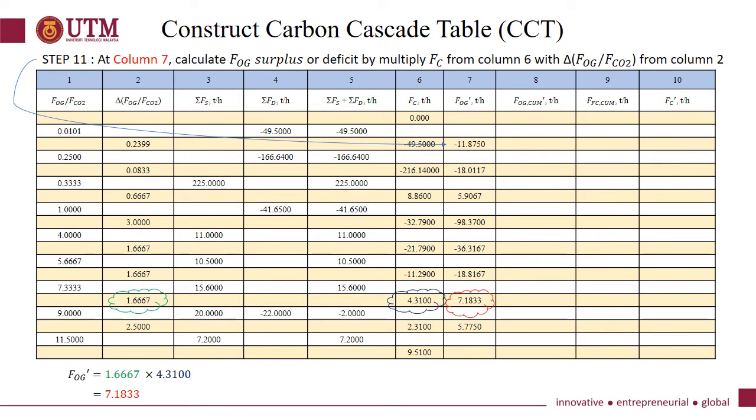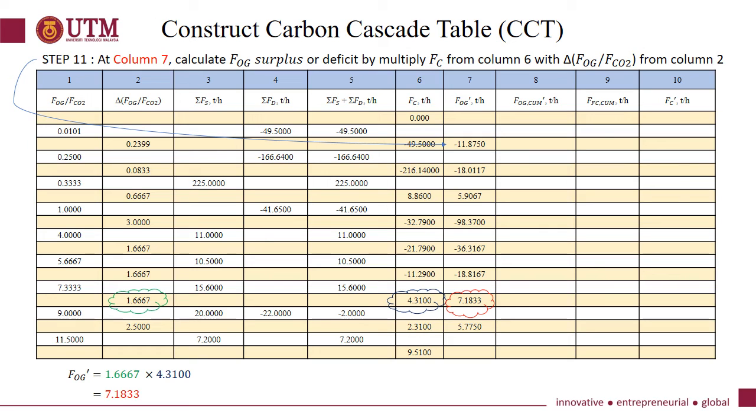Next, at column 7, we will start calculating the FOG surplus or deficit by multiplying FC from column 6 with the difference of FOG over FCO2 level from column 2. For better understanding, let's take one of the calculation steps of column 7 as an example.